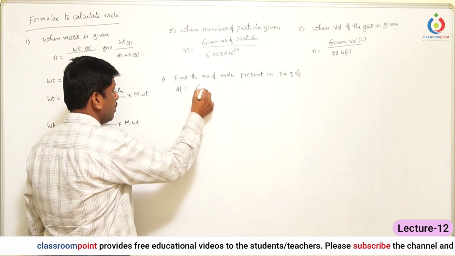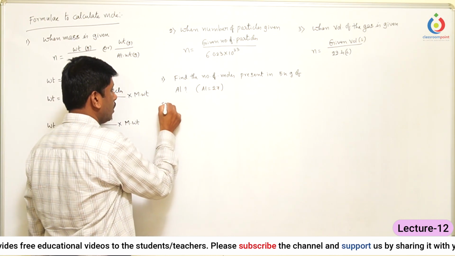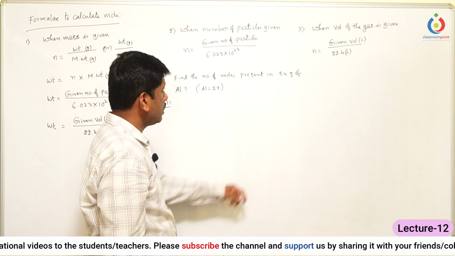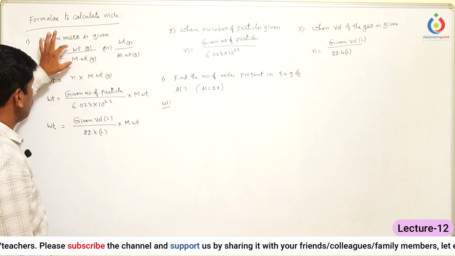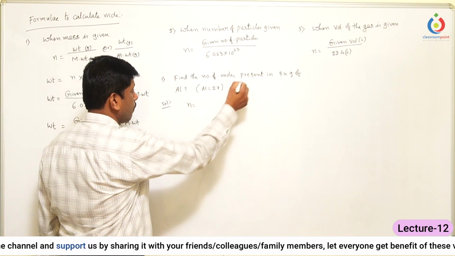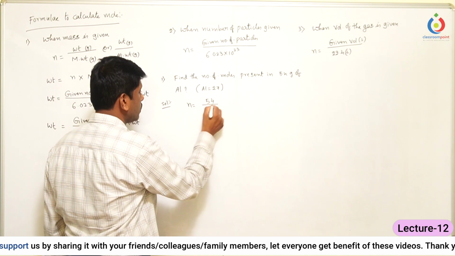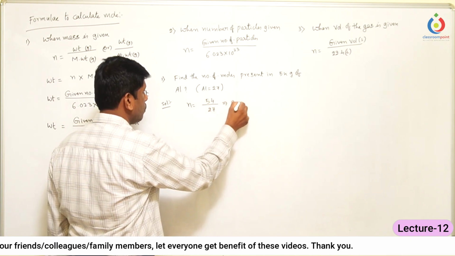Atomic mass of aluminum is 27. Here the information is given as mass. Since mass is given, use the mass formula, weight by molecular weight. So the number of moles equals the given mass, 54 grams, by the atomic mass, 27 grams. So this value equals 2 moles.